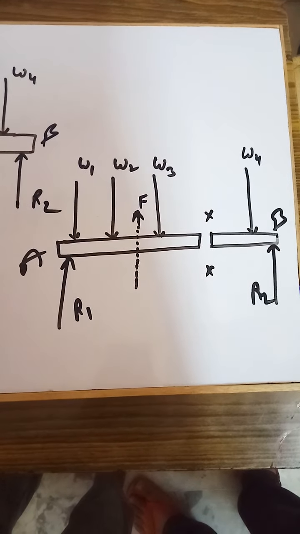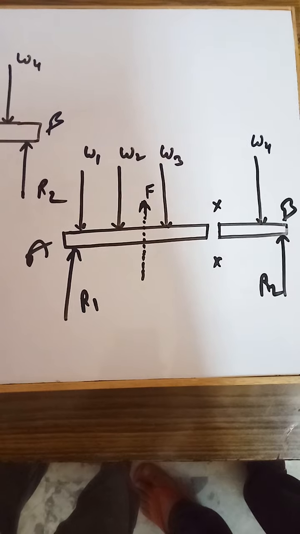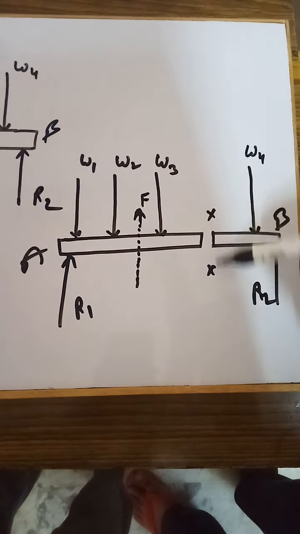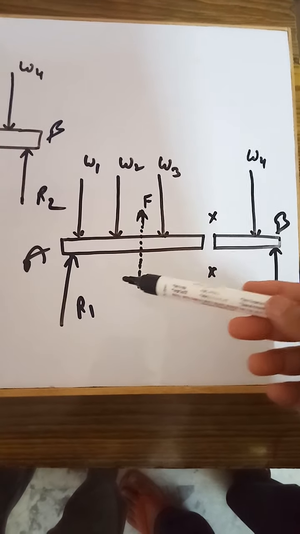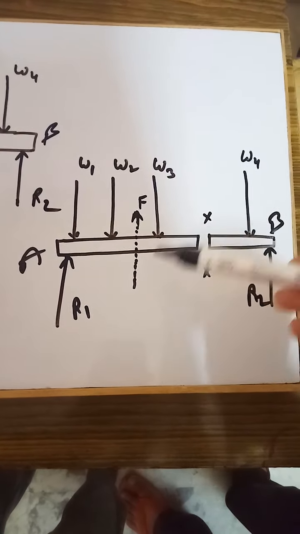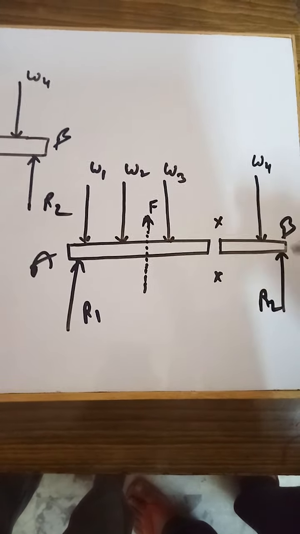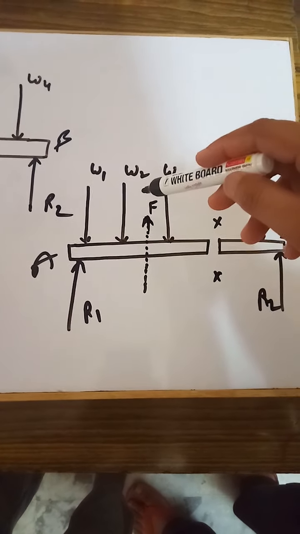If the beam is in equilibrium, then the resultant of the forces to the right of the XX cross section must also be F downward. So in this section it is F downward, and in this section it is F upward.